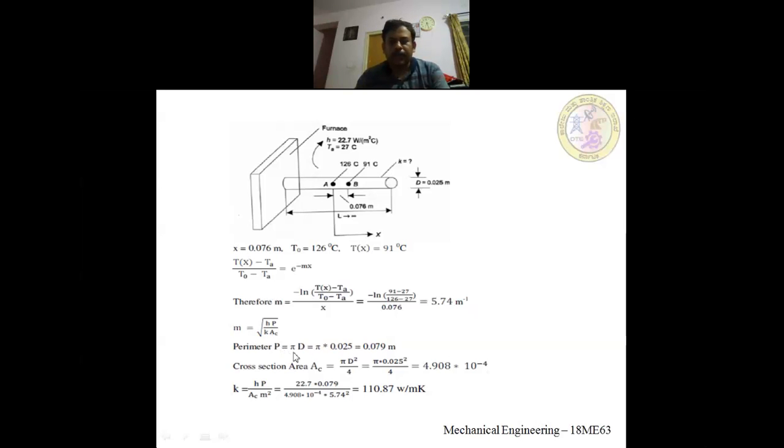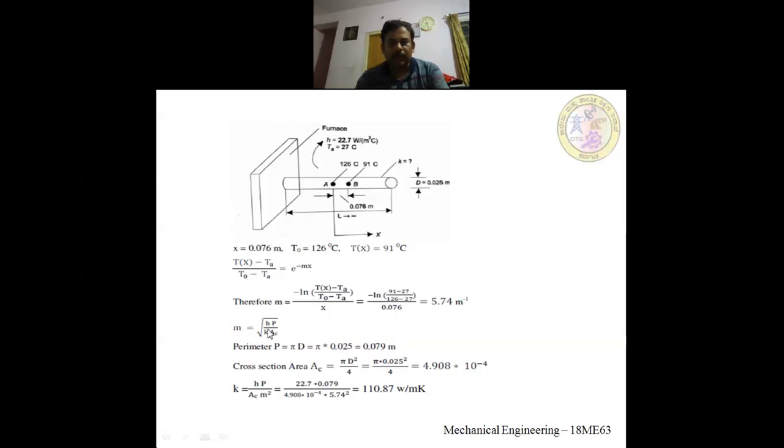So perimeter will be pi times diameter, P equal to pi d. You know the value of diameter, so just get the value of perimeter P. Since the fin has a circular cross section, we are going to use pi d squared by 4 for finding the cross section area, so we are going to get 4.908.